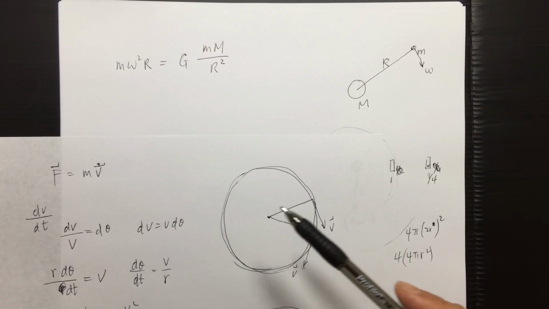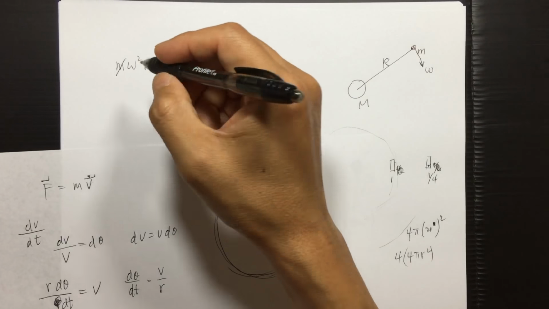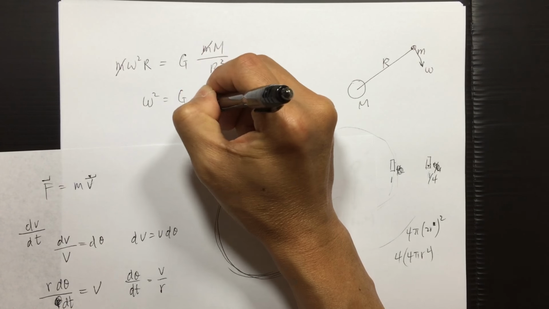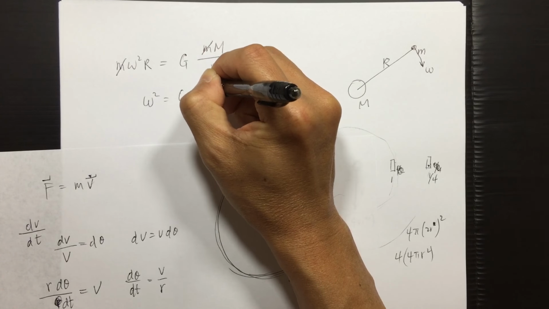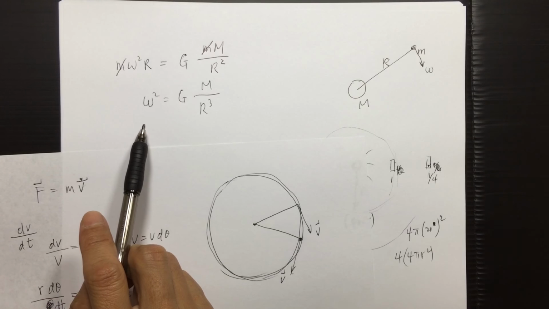The moon's mass, we can cancel out. R can go down. So it equals G. This is how fast the moon goes.